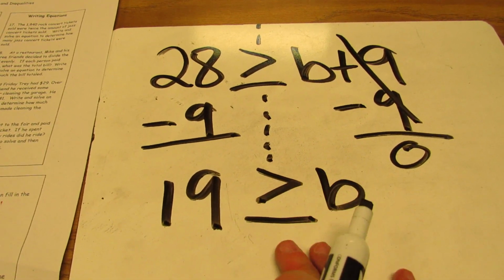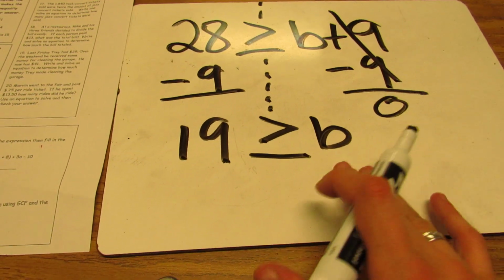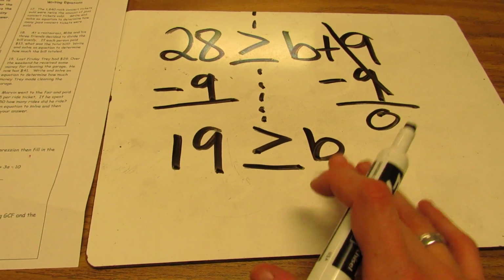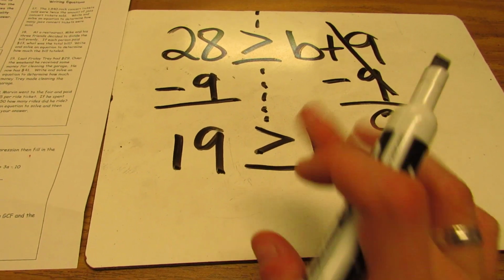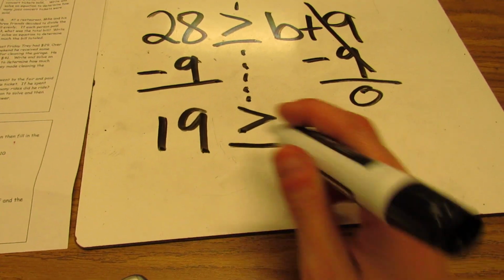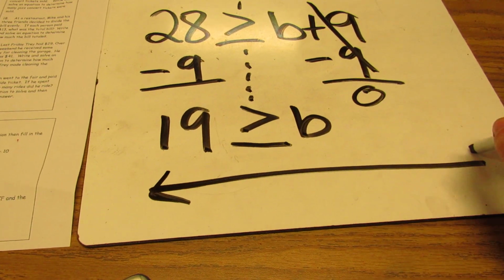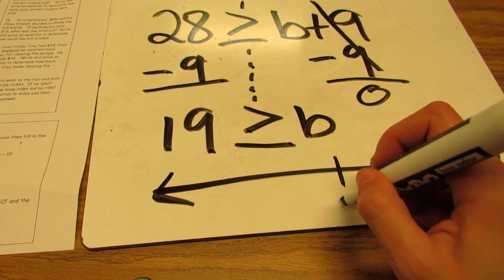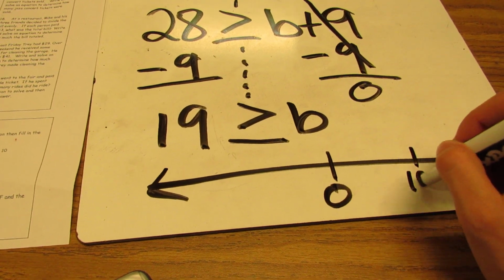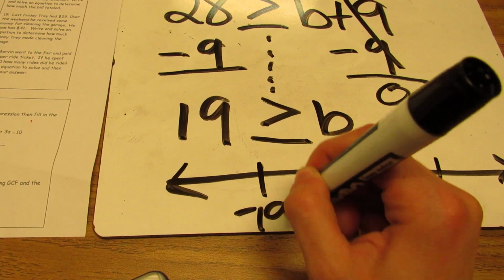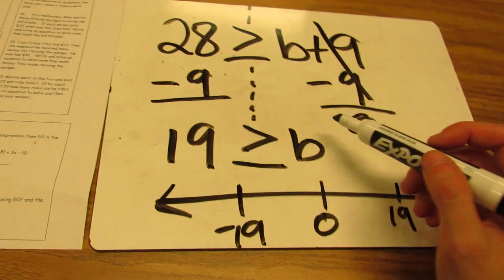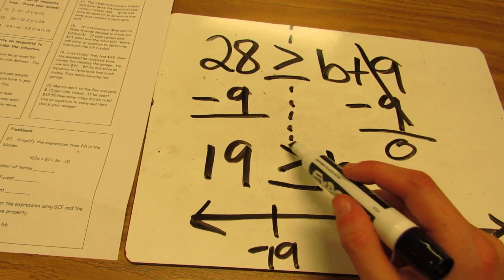19 is greater than or equal to b. If I flip this and I put that on that side, this would flip too, and I'll show you why. If I graph this inequality right now, this is how I would graph it. So this is 0. I'll say this is 19. This is negative 19. Now I need to make this statement true, so it says that b has to be less than.